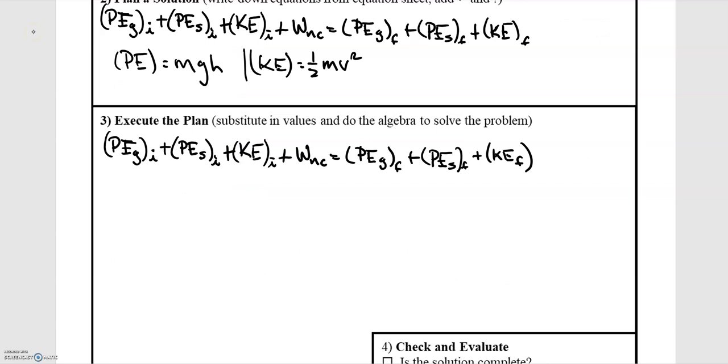So now that we have a plan, we can execute our plan. There are no springs in this problem, so the initial and final spring potential energies are going to be 0. The next step, as we've already talked about, is that we only have conservative forces in this problem, so the work done by non-conservative forces is just 0.